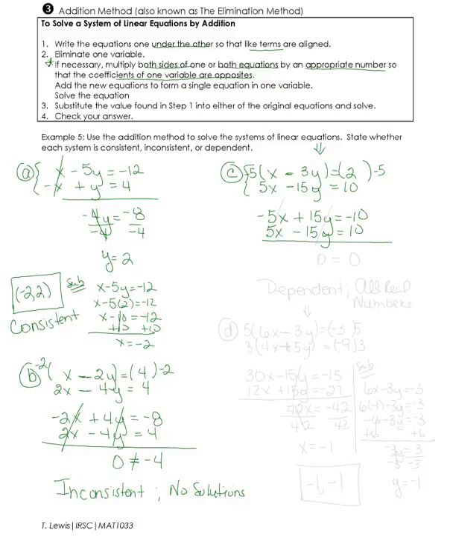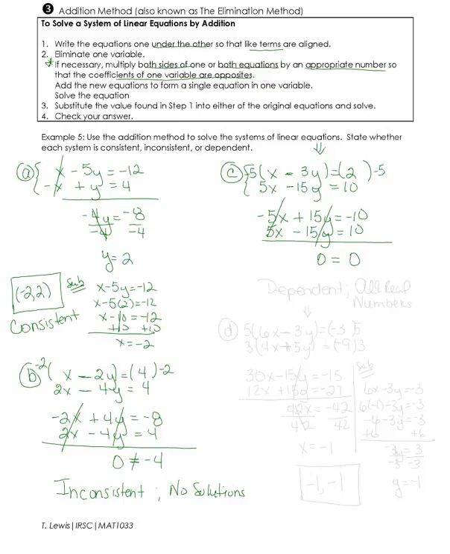And let's look. The x's cancel out, the y's cancel out. That gives us 0 on the left-hand side. What do we have on the right-hand side? 0 as well. So we have 0 is equal to 0. When this happens, if you were to graph it, you would have parallel lines.